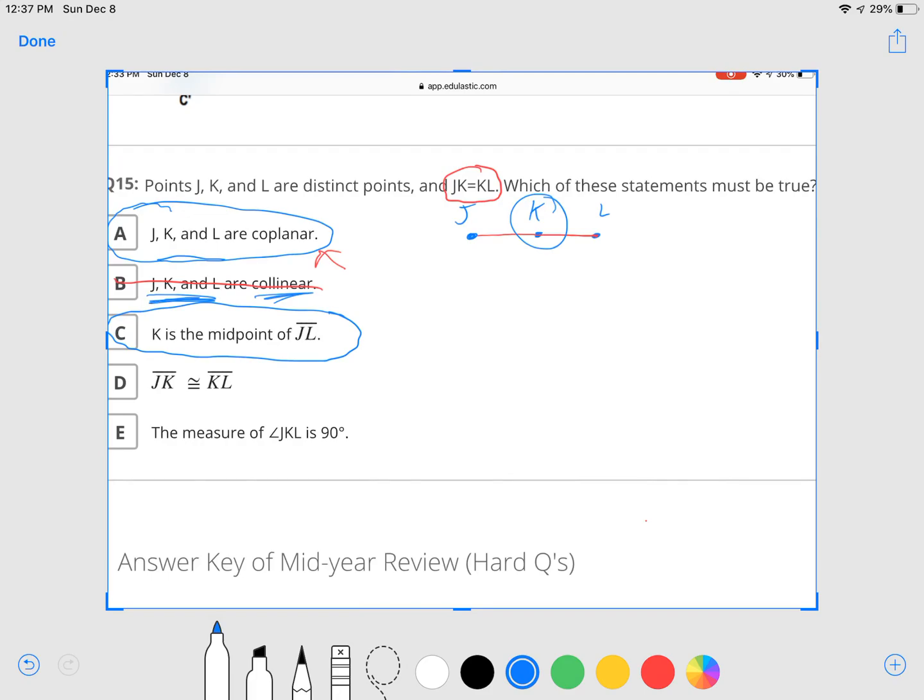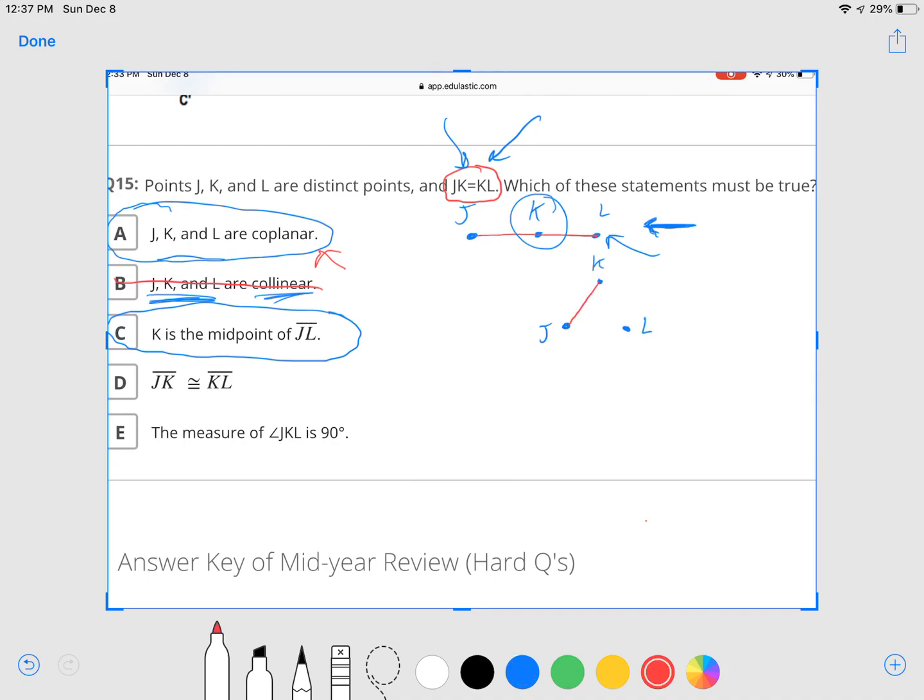But the problem is that the way I drew this was convenient and it didn't have to be drawn this way. I could draw J, K, and L in another way that still satisfies this, but they're not aligned. You can draw JKL like this. So here's JKL, and guess what?